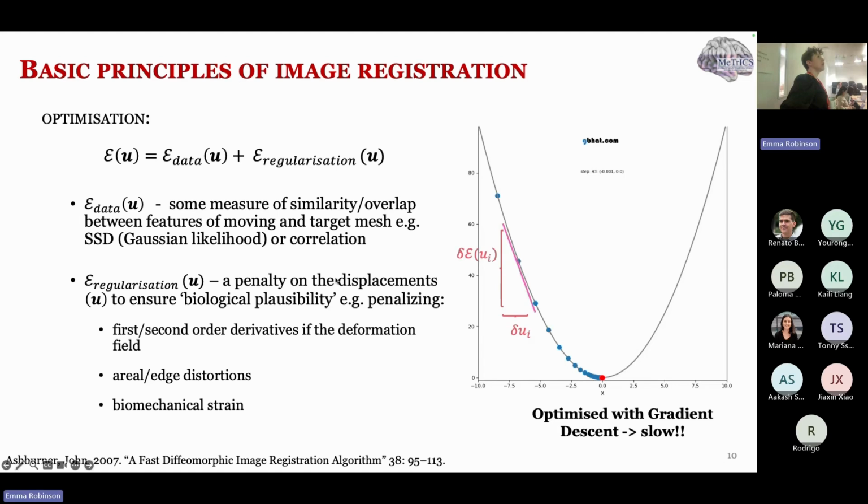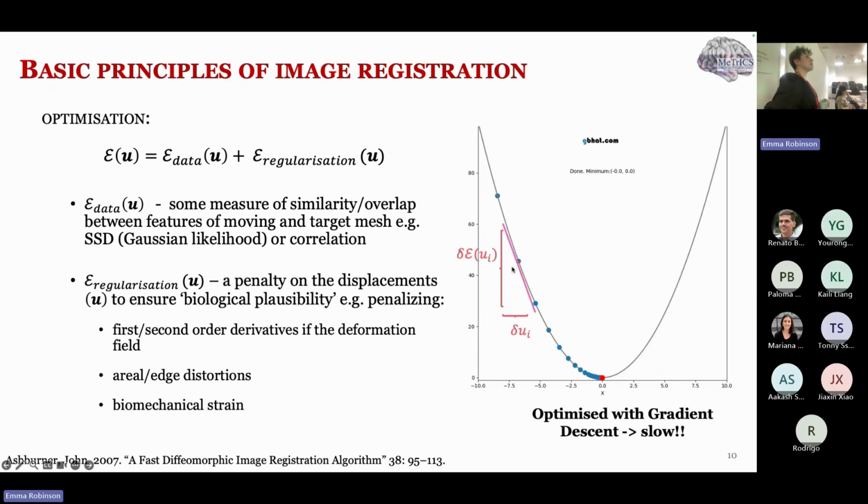Most image registration algorithms optimize these using continuous optimization techniques, where FreeSurfer uses the simplest of these, gradient descent. So what you're doing is you start off by measuring the overlap of your image at some starting location. And then you take some steps. You move the vertices of the mesh in some direction that's going to improve the overlap of features between the moving and target mesh, and you do that incrementally.